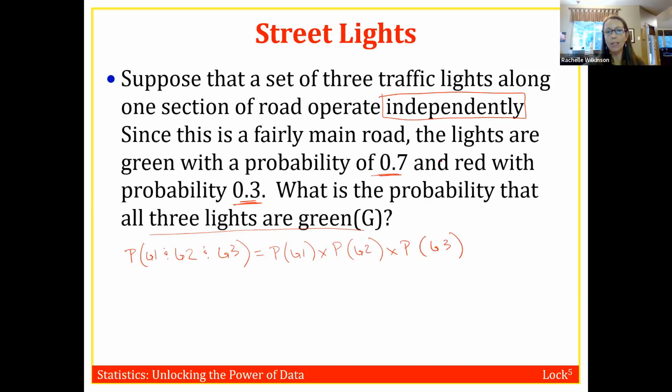The probability of a green light was 0.7, so I'll take 0.7 times 0.7 times 0.7, and that tells me the probability that all 3 lights would be green. When they're independent, we don't have to worry about what happened the time before. We can just take that probability and multiply it together.